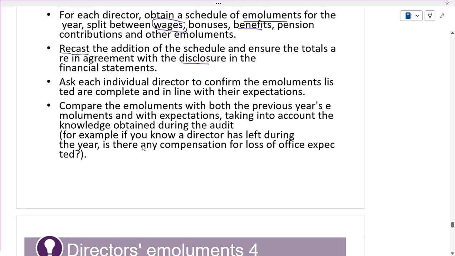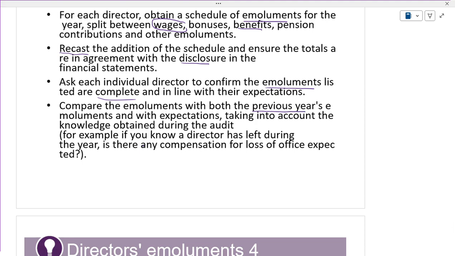Ask each individual director to confirm the emoluments listed are complete. Ask them whether they have got everything as per the terms and conditions. Compare the emoluments with the previous year and with expectations.